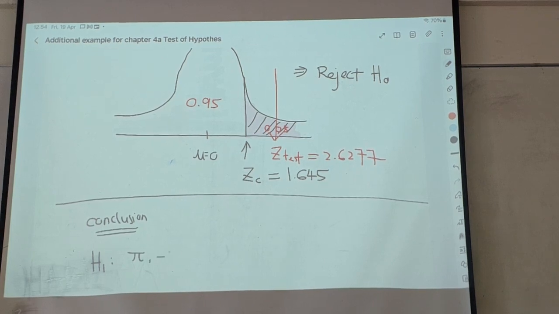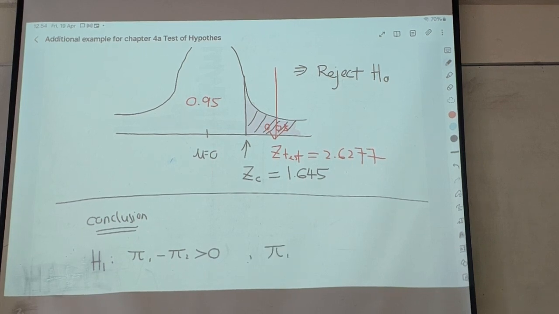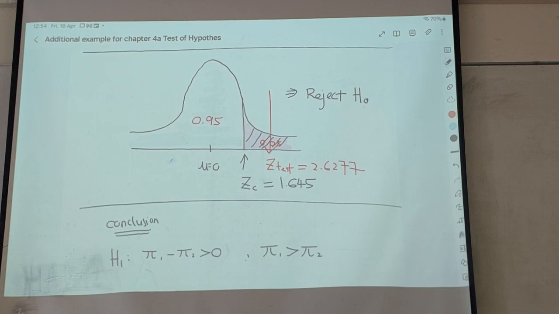So we write the alternative hypothesis: pi 1 minus pi 2 is more than 0. In this case, it means we have enough evidence to show that the probability of the men who are overweight in 2020 is higher than 2010.